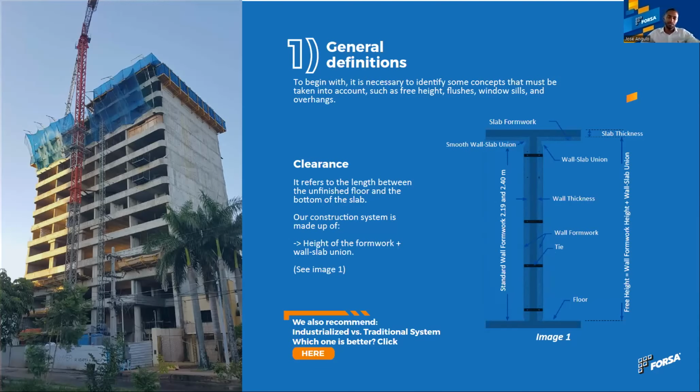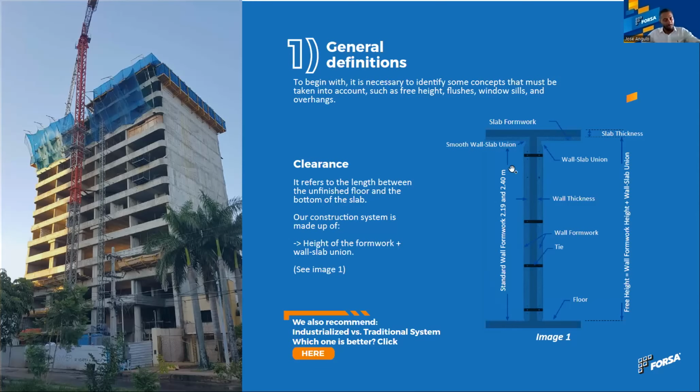But if you have something special like, for example, 2.79.6 meters, you will find something much more difficult. However, we can cover it, but you are not going to be able to use these formworks in future projects.